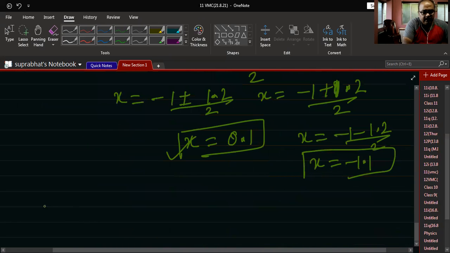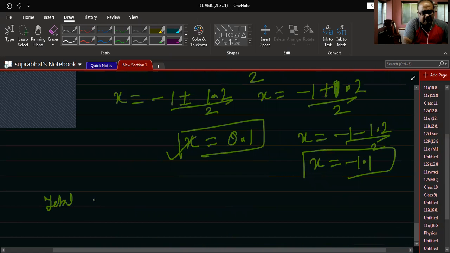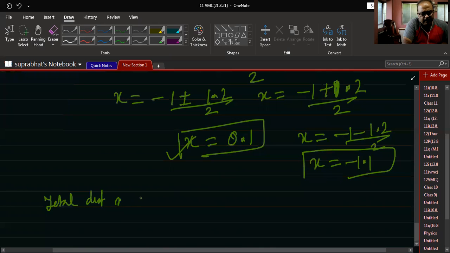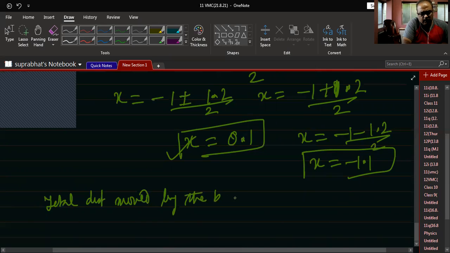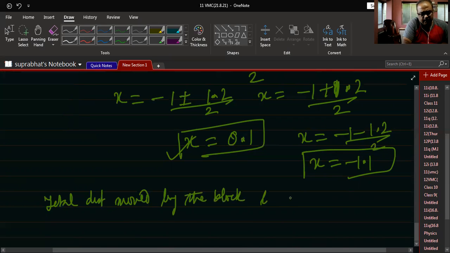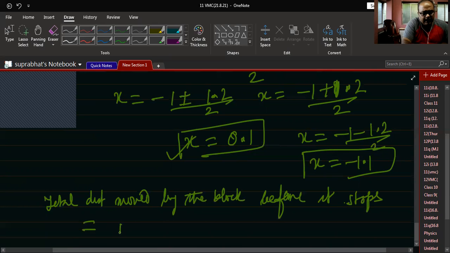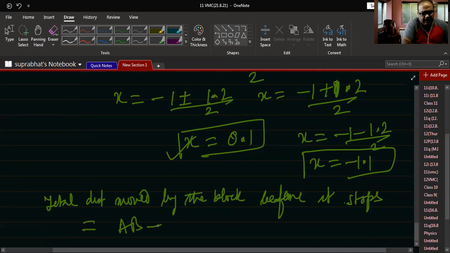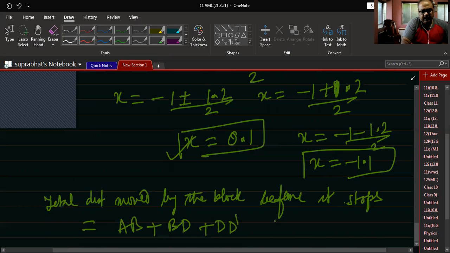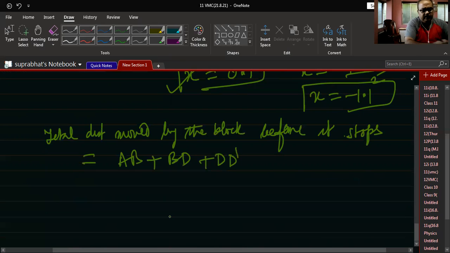So the total distance moved by the block before it stops is AB plus BD plus DD dash. AB was 2 meters, as they have already given.